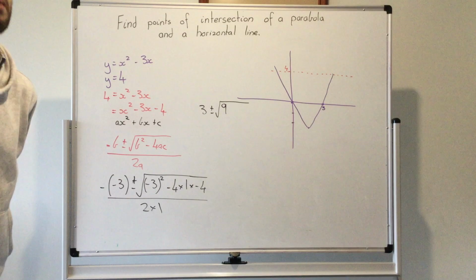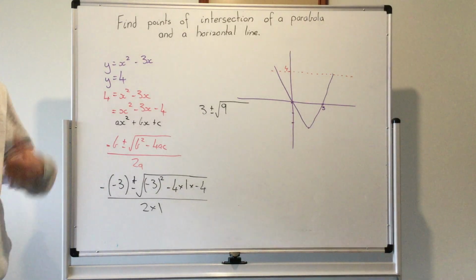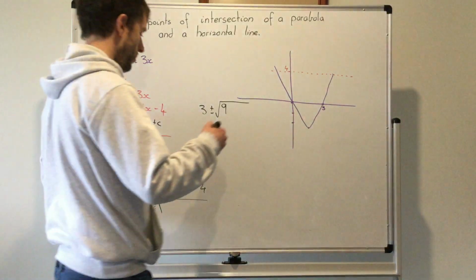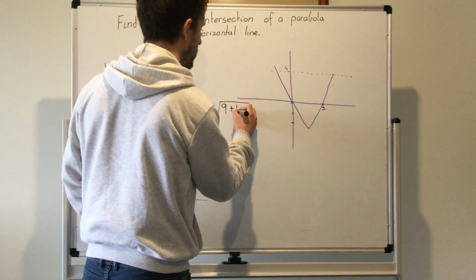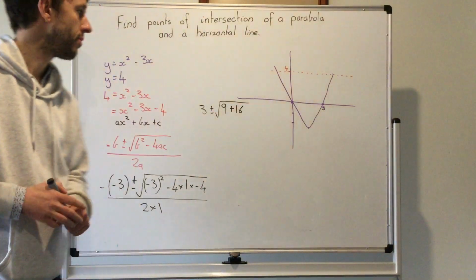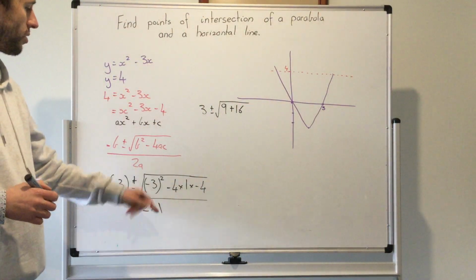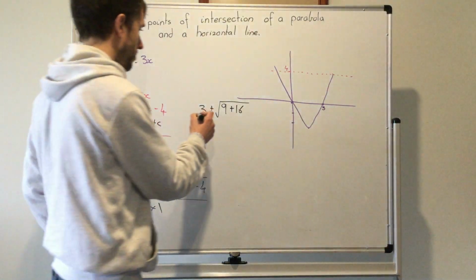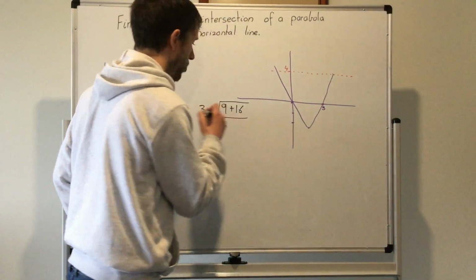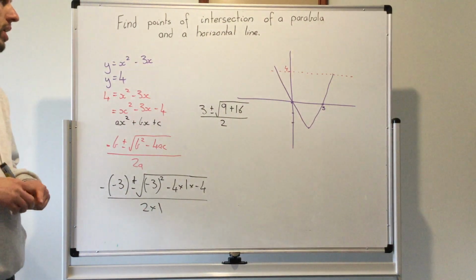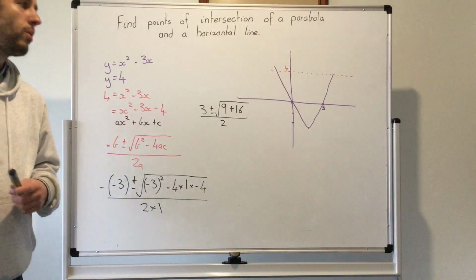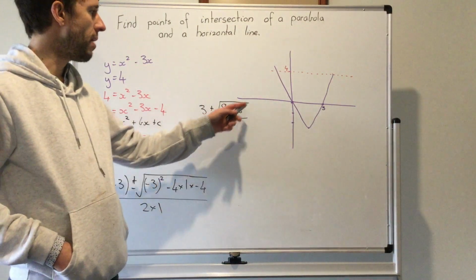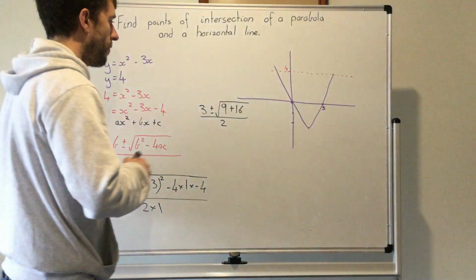Minus 4 times another -4 is a positive, and 4 times 4 is 16. So it becomes plus 16. Divided by 2 times 1, well, 2 times 1 is just 2. So we've simplified it. I'll go one step further. 9 plus 16, that's 25.